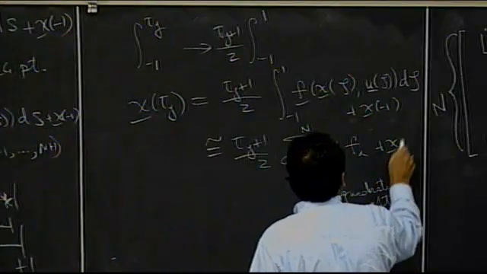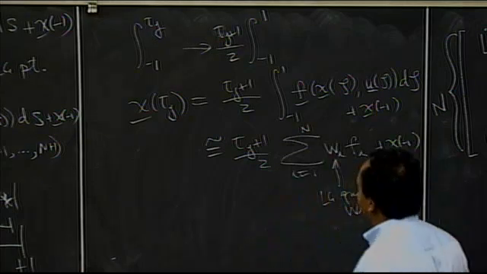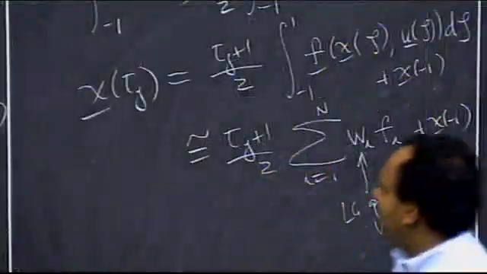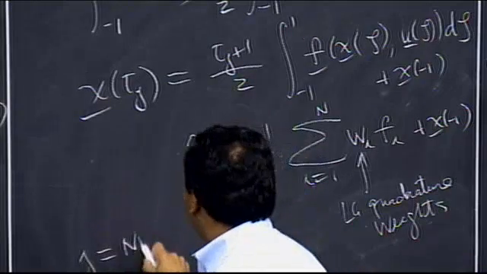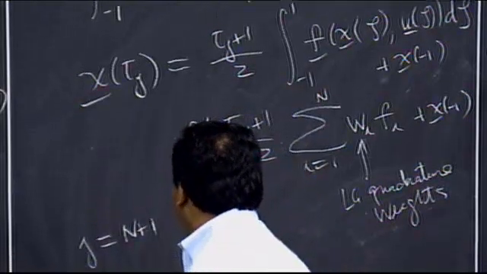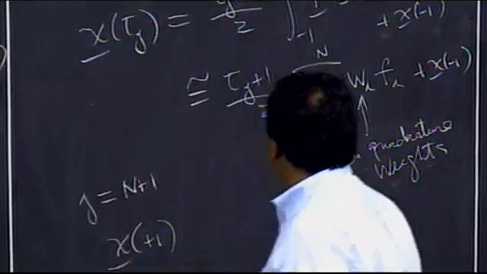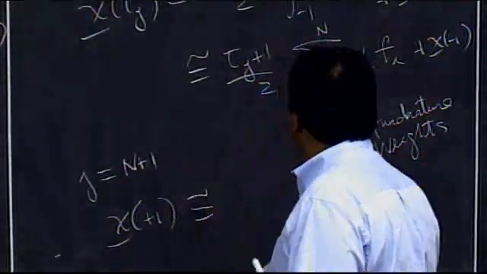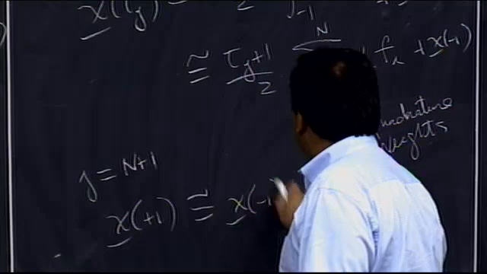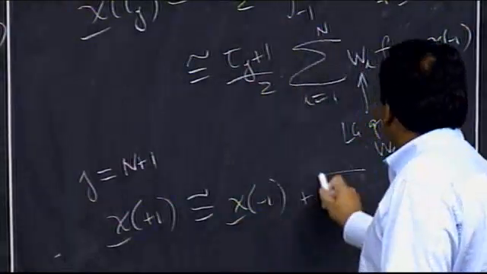I always forget the initial condition. So if you plug in j equals n plus 1, just take that case. What do I get? I get x of plus 1 is approximated by x of minus 1 plus this quadrature.